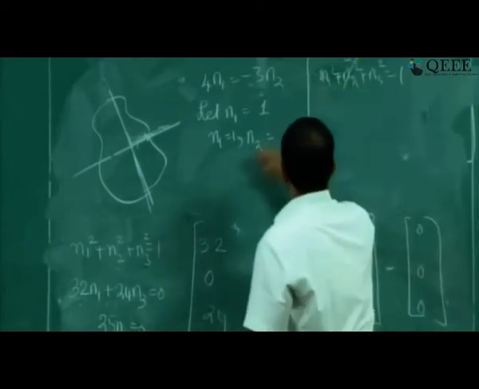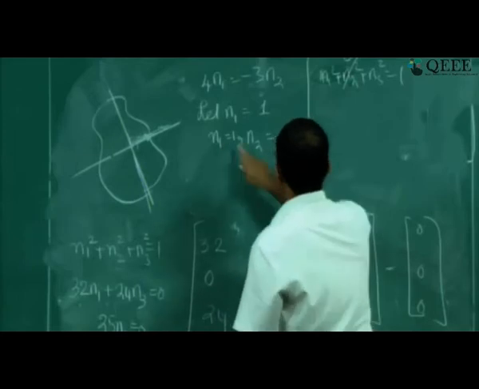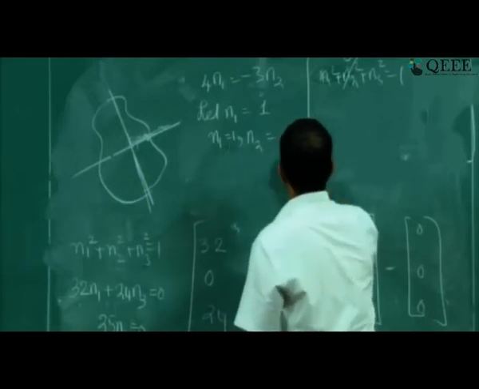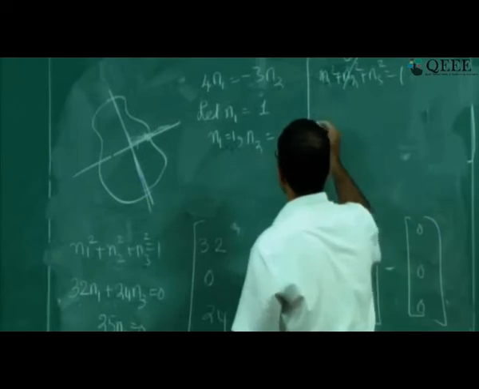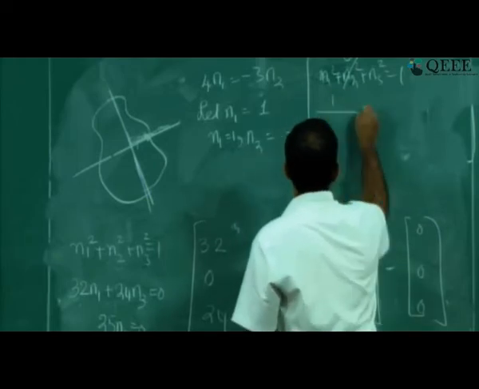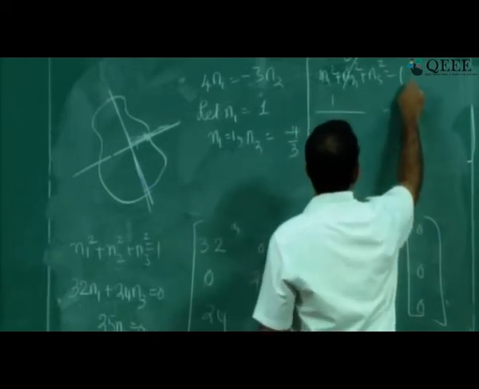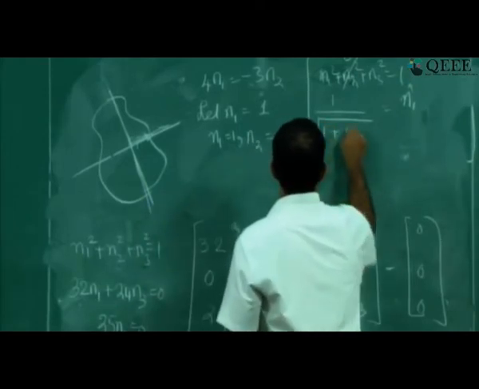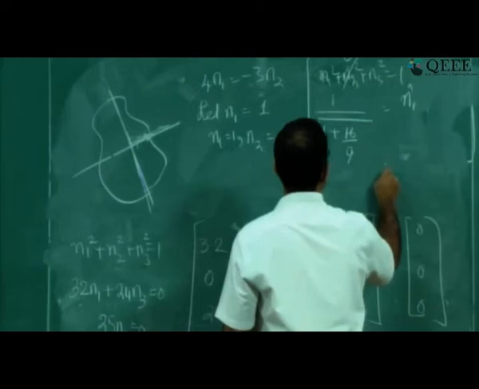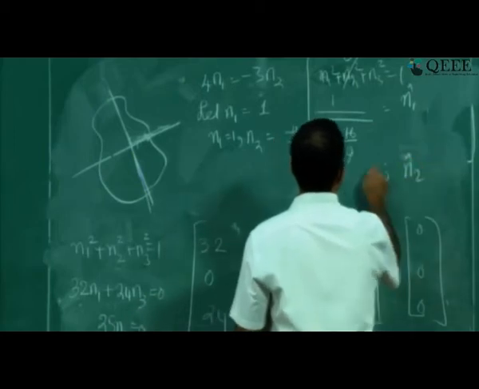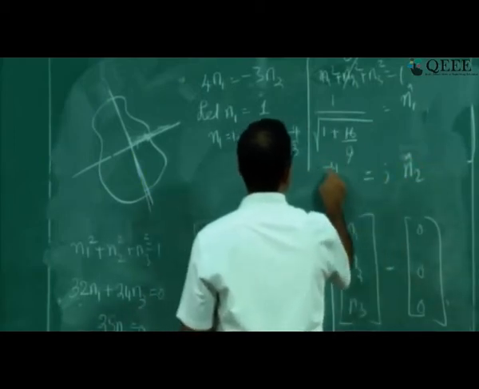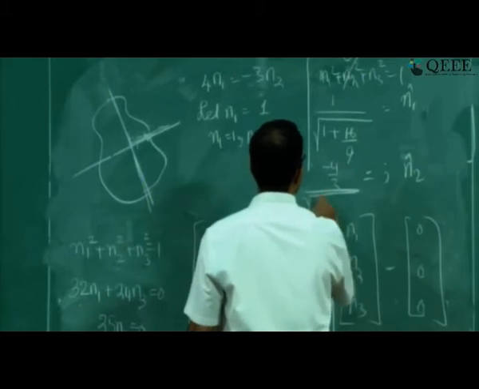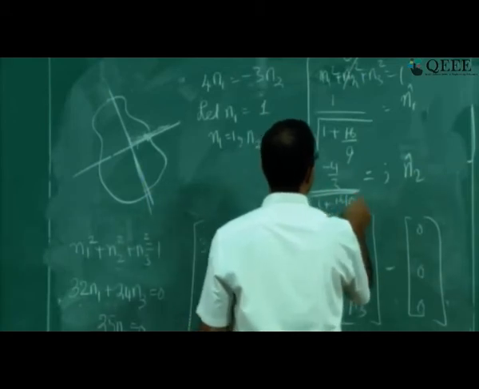So what you can do is normalize each of these things so that the sum of the squares will be equal to 1. You know how to normalize the components of a vector, right? In a similar manner, n1 normalized will be equal to 1 divided by square root of 1 plus 16 by 9, and n3 normalized will be equal to minus 4 by 3 divided by square root of 1 plus 16 by 9.